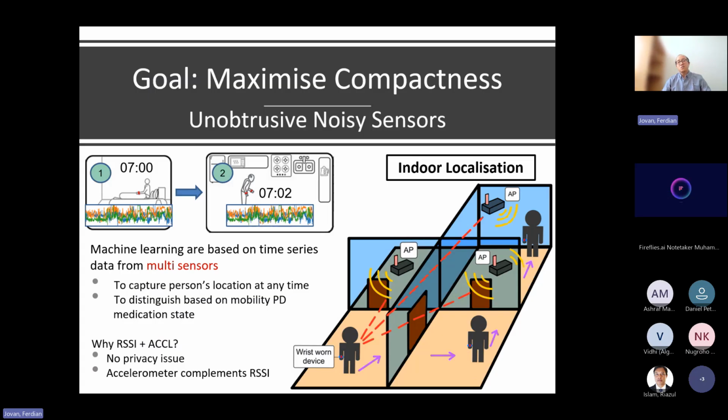So there are two options that we can monitor. Either we monitor continuous activity recognition using the accelerometer and gyroscope data, or we continuously monitor the location of the person using signal strength, RSSI, and also the accelerometer.